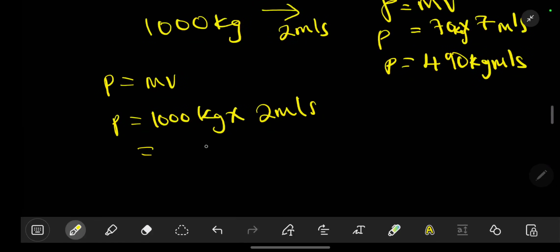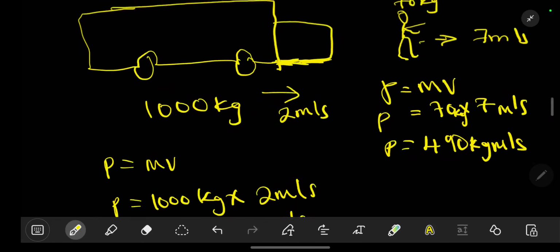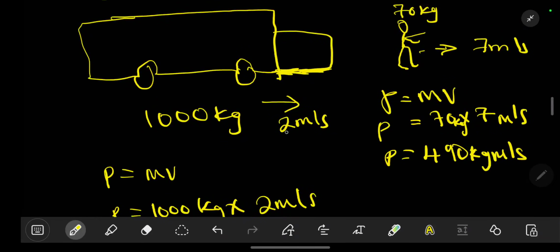When we multiply, we have 2000 kg meters per second. So this is the momentum. As you can see, it is not only dependent on the mass, but also the speed.